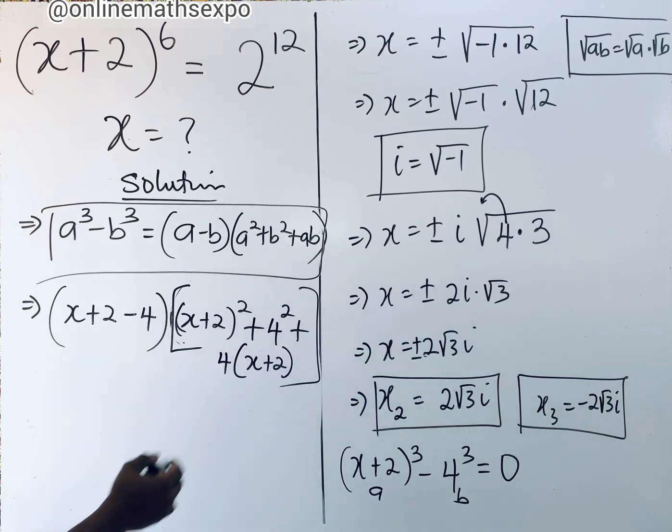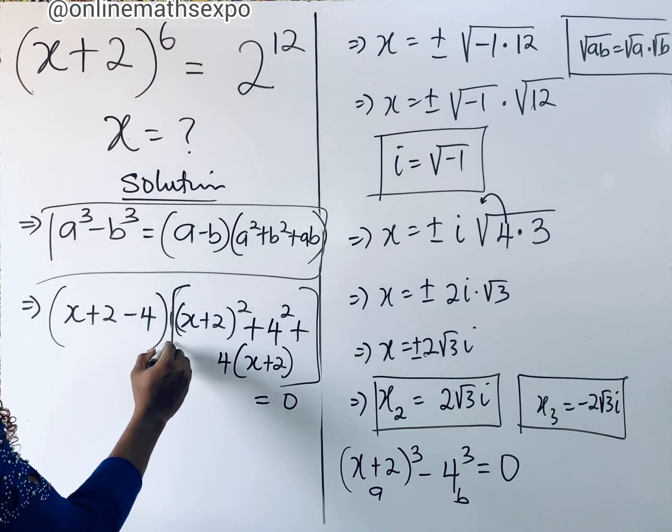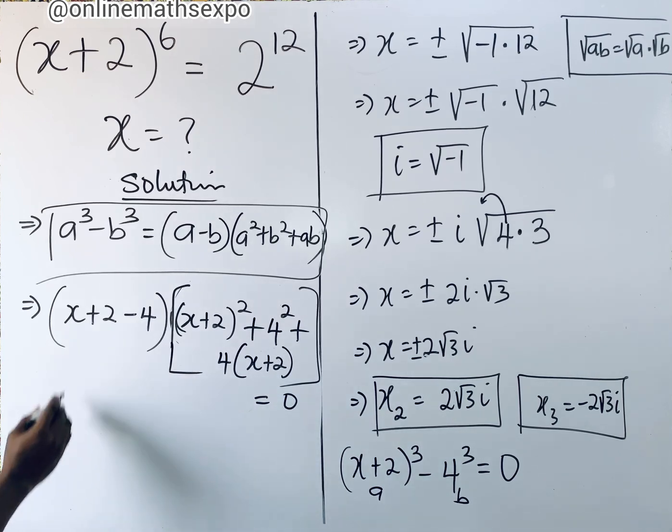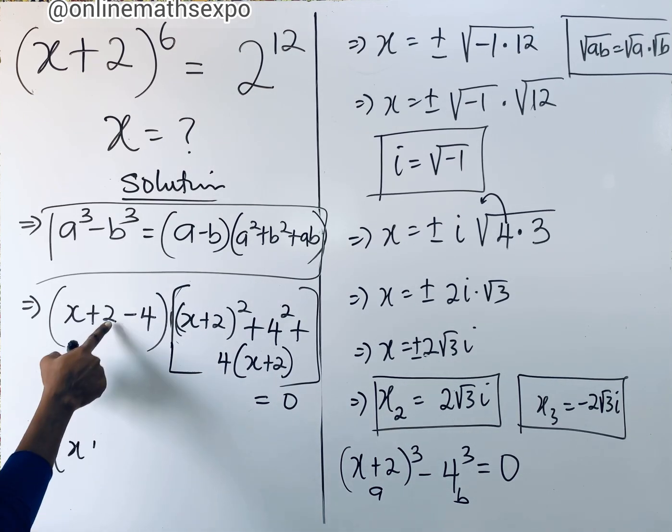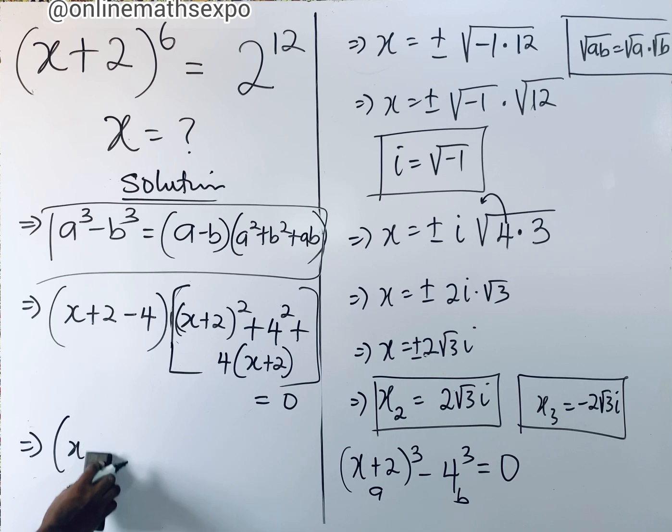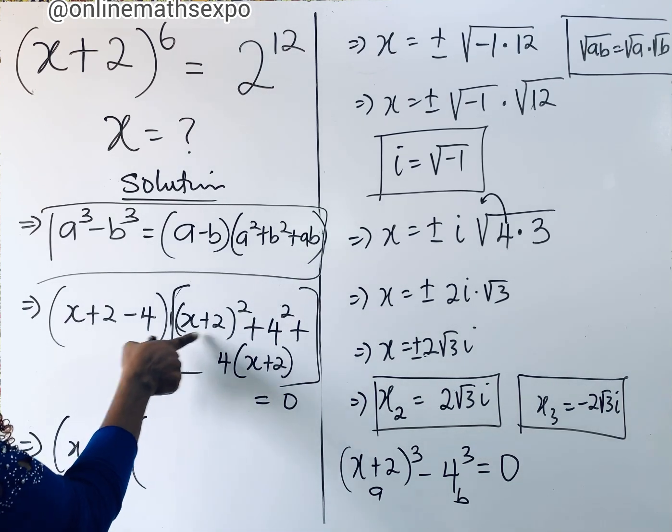So this is what we have, and everything is equal to 0. So let's solve this. x plus 2 minus 4 gives you x minus 2, into, let's expand this.